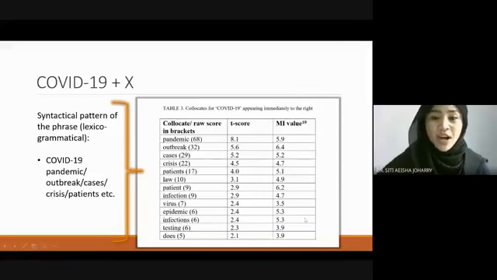I was also interested in the COVID-19 law. That was quite interesting because in the text, this actually stemmed from one single text, but was quite strong in association because of the very many occurrences of COVID-19 law in that particular text.